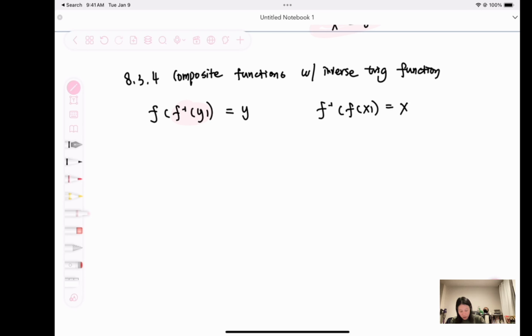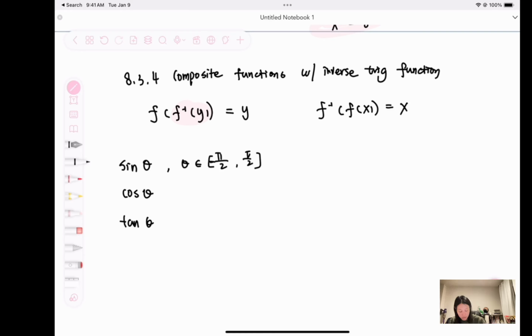Now, the second thing that I want to review quickly is the restricted domain for the sine, the cosine and the tangent function. For the sine function, the domain should be restricted between negative pi over 2 and pi over 2.